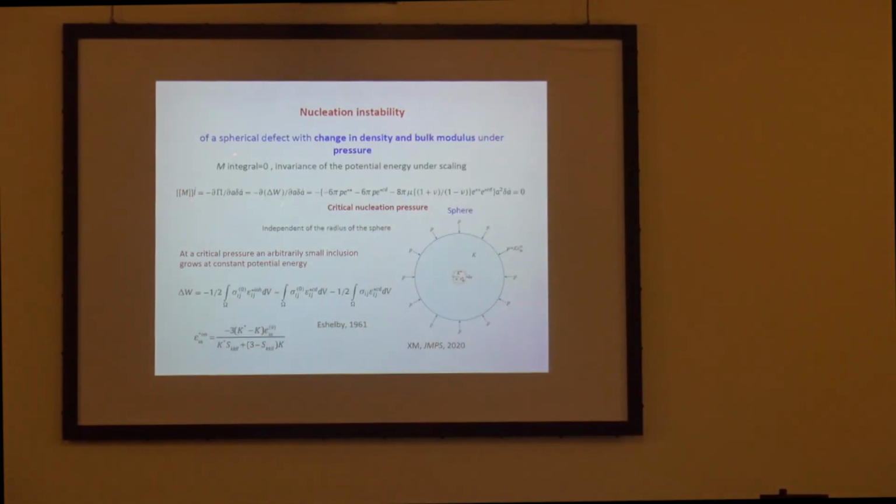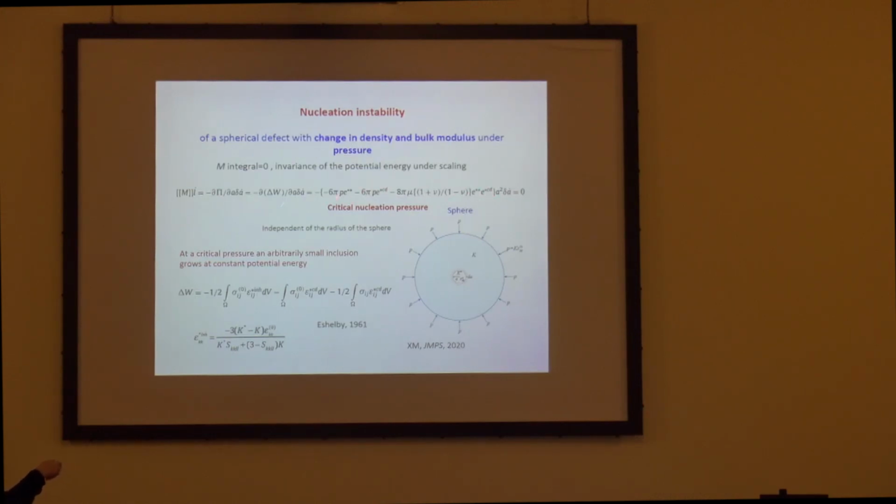If we look at the integral, which is the invariance of potential energy under scaling, and this is also the derivative of the potential energy and the interaction energy, which Eshelby has extensively obtained, then we calculate the interaction energy, that is the interaction of the far field, a pressure here, with eigenstrains of two types, due to change in density and due to change in the moduli, and we will have this expression.